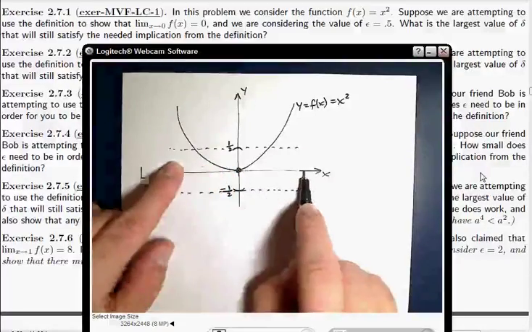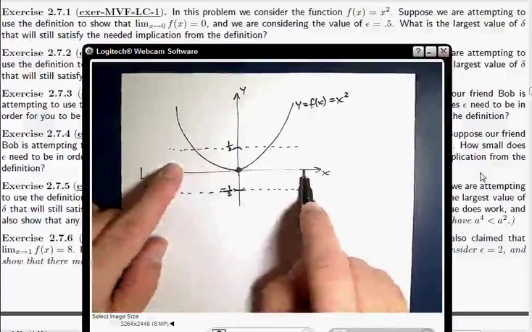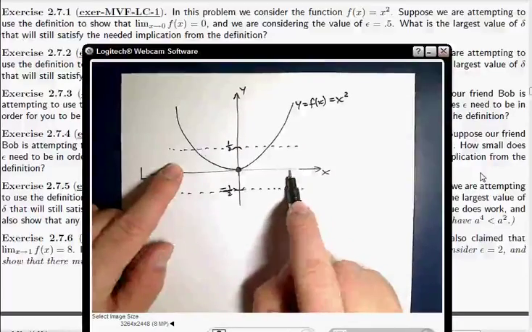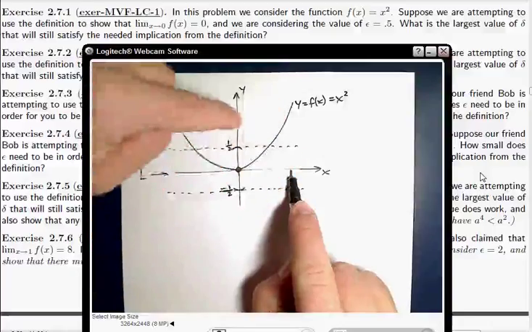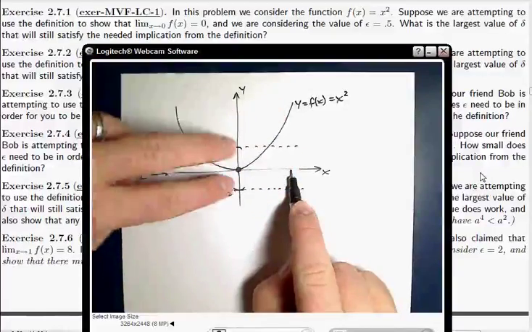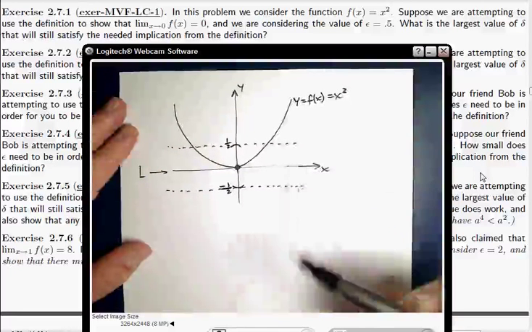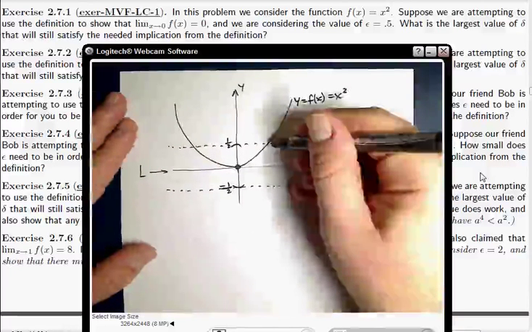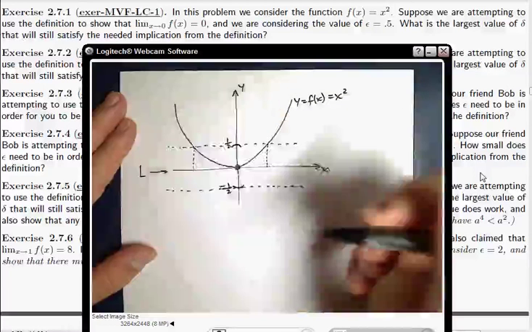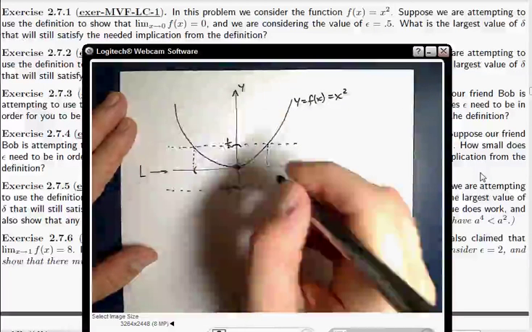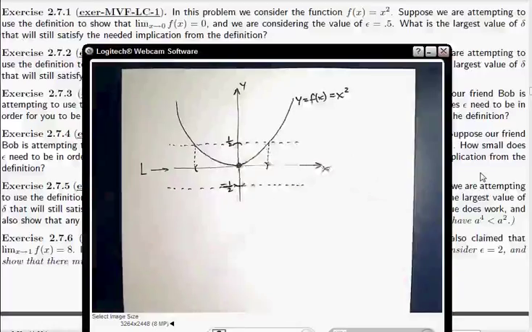Eventually, though, if I try to make it this big, nope, that doesn't work. That's too big, because this point here, for example, the value of the function is not in this interval. So the cutoff, I think you can see, and I'm just going to appeal to your geometric intuition here, is going to happen like this. So I claim that this is our biggest interval.